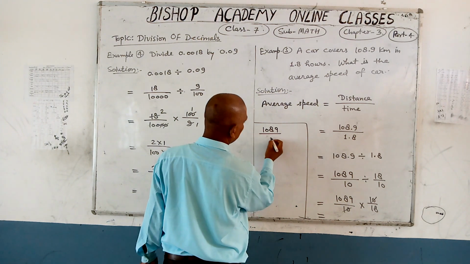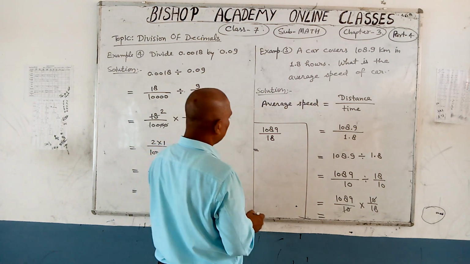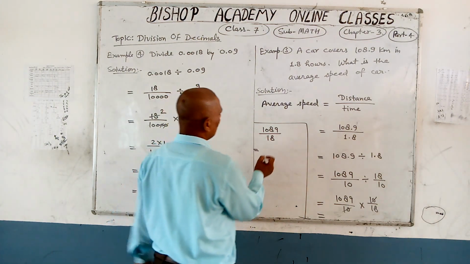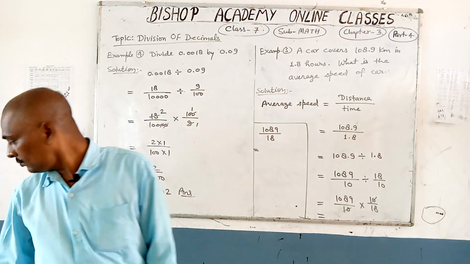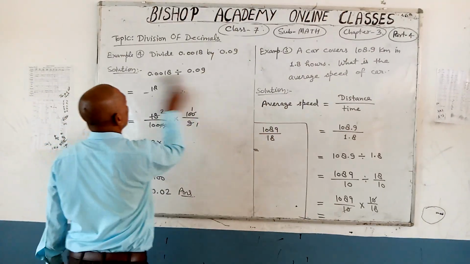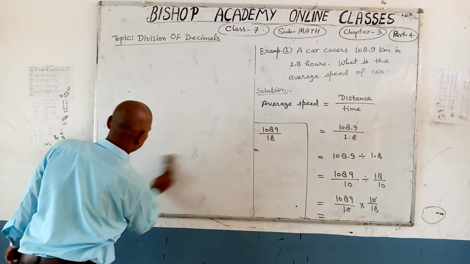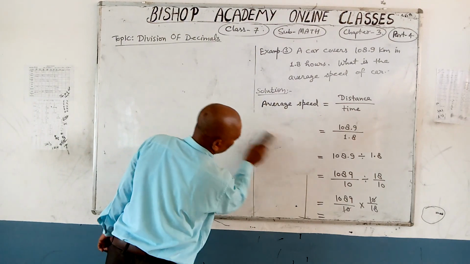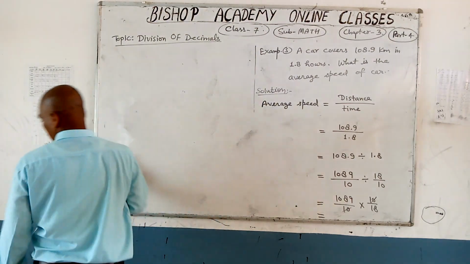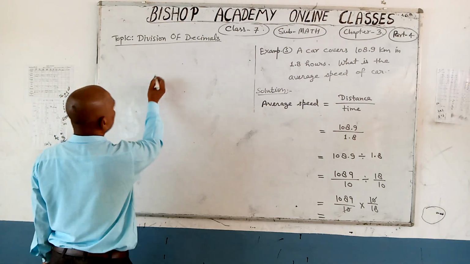1089 upon 18 results. So divide this through the long division process and find your answer.